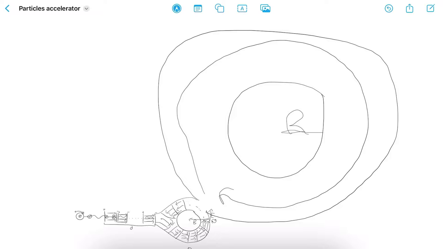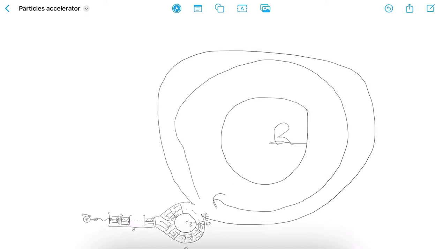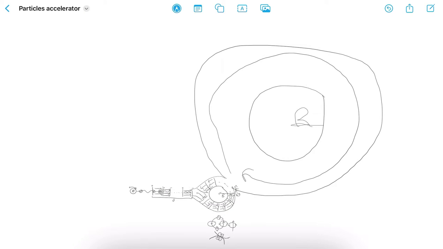And so the protons will accelerate even faster, and in this loop the protons will accelerate to almost the speed of light, extremely close to that.